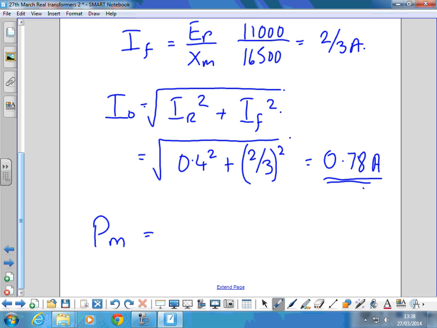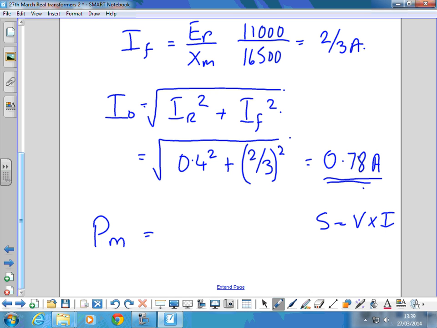If you multiply the current by the volts, we get the apparent power being delivered to the transformer by the source. S is equal to volts times amps.